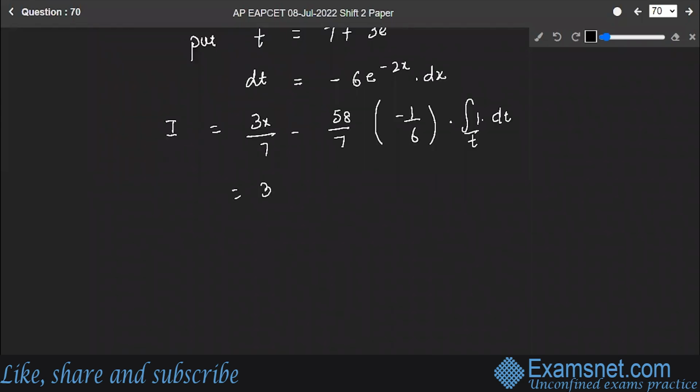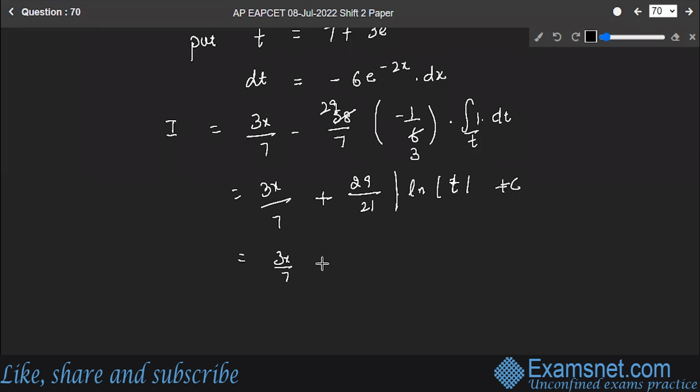This can be further written as 3x/7 minus 58/7 times this. So cancelling, over here this is 29, and here you have 3. So this will be plus 29/21. And 1/t, its integral will be equal to natural log of t, plus c, that is the constant.